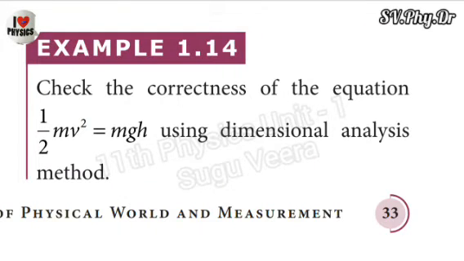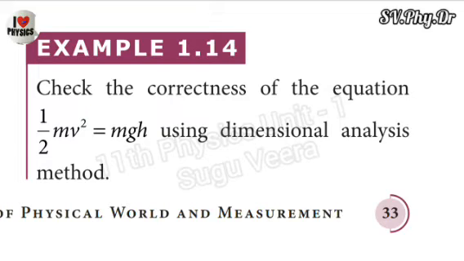For example 1.14, check the correctness of the equation half m v square is equal to mgh using the dimensional analysis method. We know that kinetic energy is equal to potential energy. Half m v square is kinetic energy, mgh is potential energy.